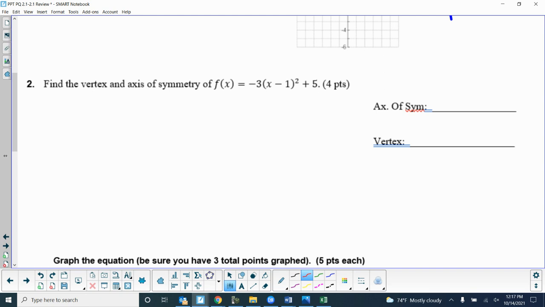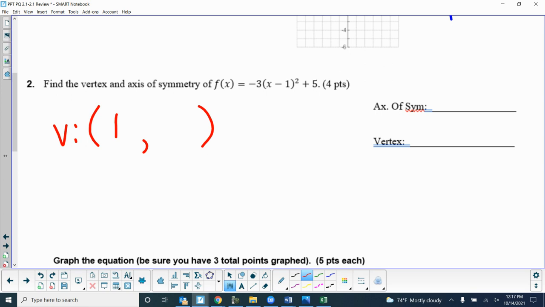All right, vertex. This is in vertex form. So you can look at it and tell me the vertex. What is it, Maddie? -3, 5. Not the 3. What in the parentheses look at? -1.